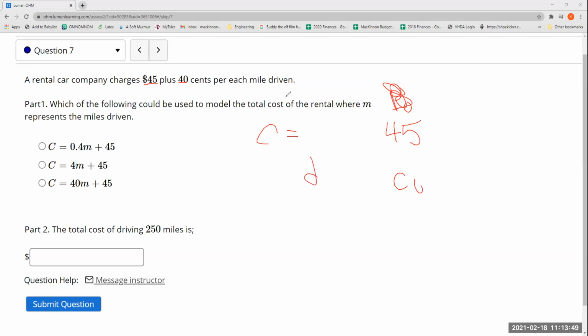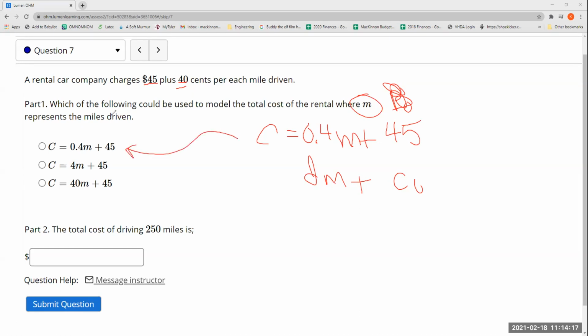And my D in this particular context is going to be the thing I'm adding each time, which is 40 cents. So if I write 40 cents, that's going to be 0.4, right? That's $0.4. We write that as a decimal times N plus 45. Okay, and we'll actually use M because that's what we were told to use.